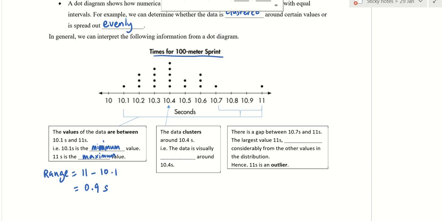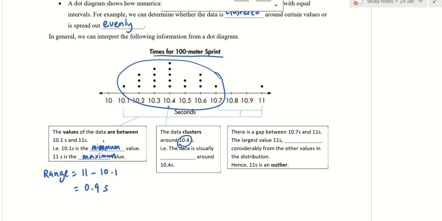Then we see that the data is grouped very close to around 10.4 seconds. So how do you choose 10.4? You see all these values, they're all near 10.4. Usually it is somewhere in the center and it has the highest frequency, so we call it the mode as well.